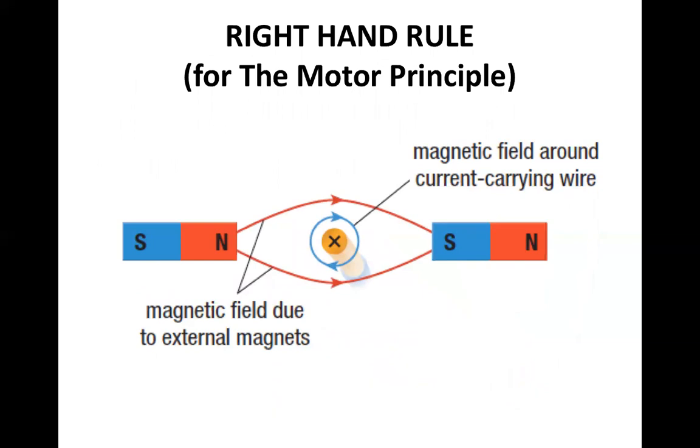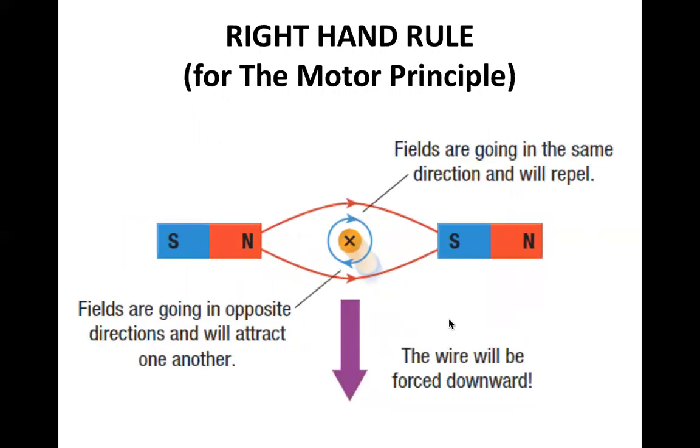So now let's talk about the motor principle, which formalizes this observation. When we set up a magnetic field with two bar magnets, just like in this diagram, with north on the left and south on the right, and then we place a wire with current going into the page, recall that the X is into the page, we get a force on the wire that is downwards.